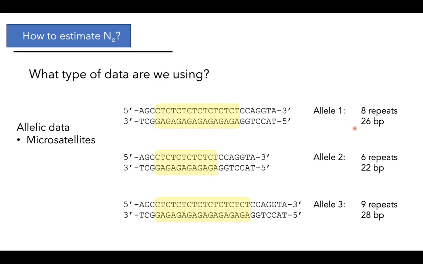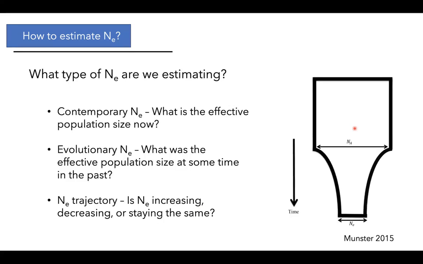Your partner passes on the other allele to the offspring. That offspring might be, again, a homozygote or a heterozygote, depending on what kind of alleles they inherited from their parents. So generally speaking, we have the SNP data and we have microsatellite data, or allelic data.